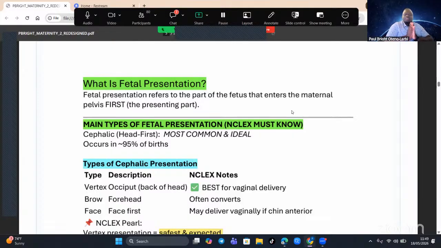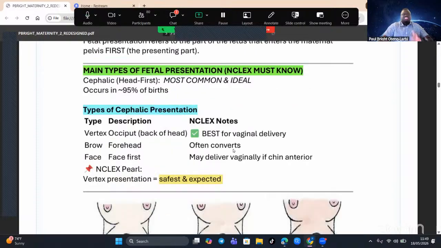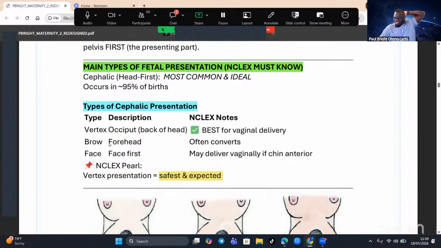Now we have the main types. The cephalic, that's the most common. Everybody likes cephalic. It occurs in about 95% of births. Then we have the vertex, the back of the head, like I showed you.